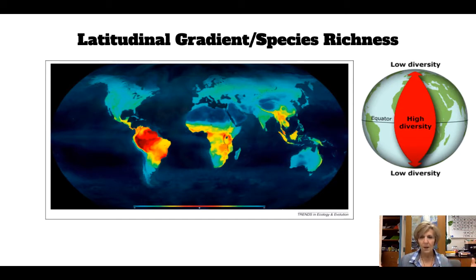You can produce a lot more plant matter, and that's the basis of the food chains. We also have high rainfall, usually at those latitudes as well, and so that makes sense that we would have more species diversity at the equator and decreasing as we go towards the poles.